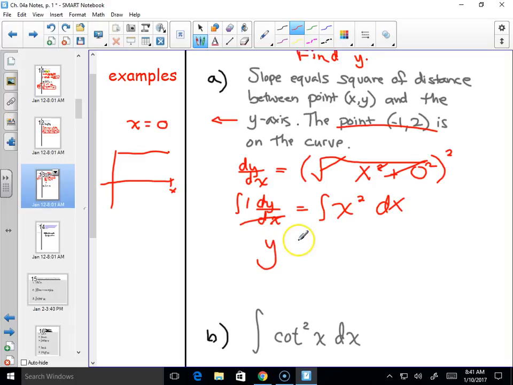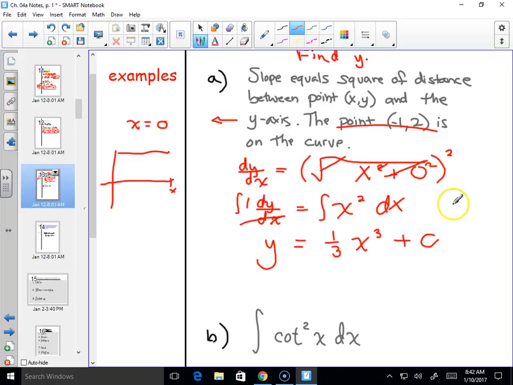Y alone. If it was 2, it'd be 2y. If it was 3, it'd be 3y. The dy tells me make it with y's. Over here, x squared. He's the derivative of a cubed function, right? Because the 3 comes down, you subtract and get squared. But who do I need in front waiting for that 3? One third. Plus c. We're done! No, we're not.